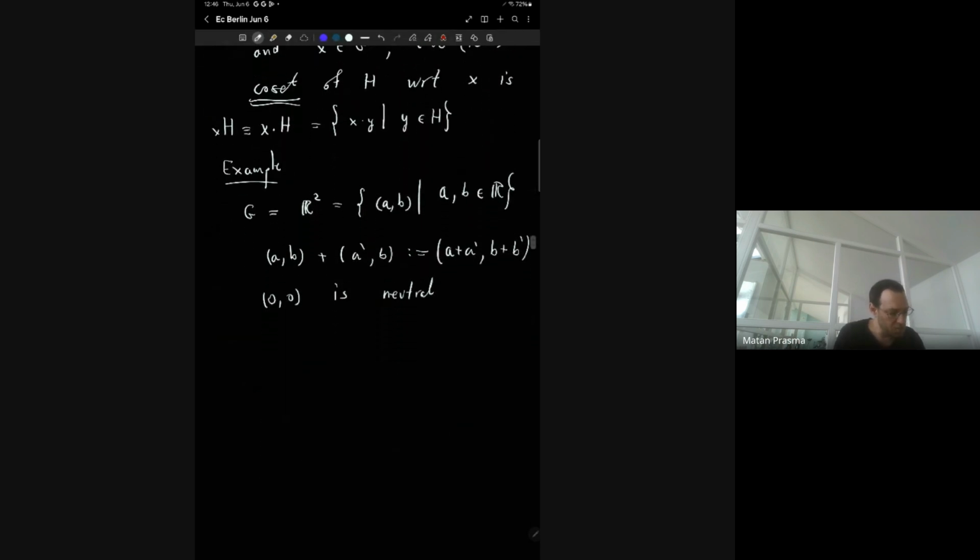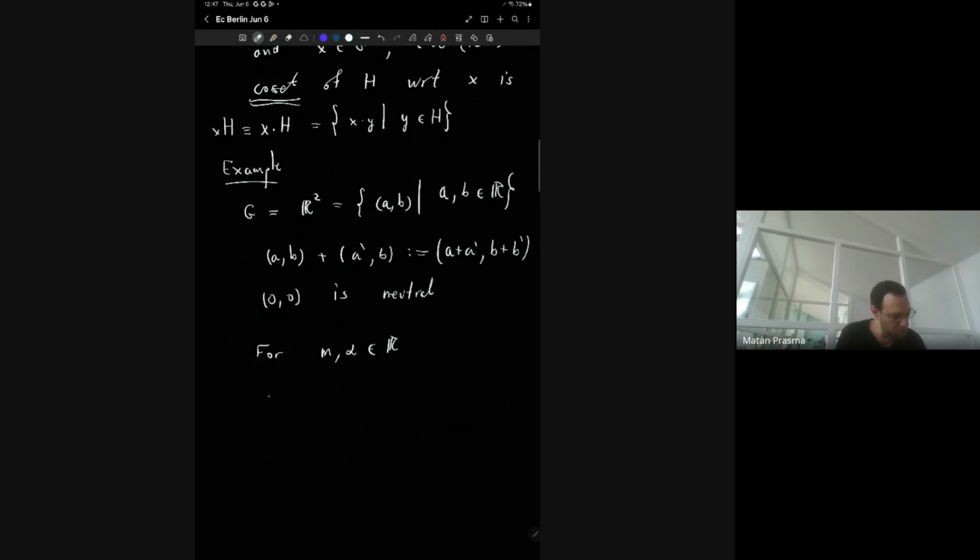So this is a group, it's very easy to check. And as a subgroup, we take H. Say we pick M and alpha, two real numbers.